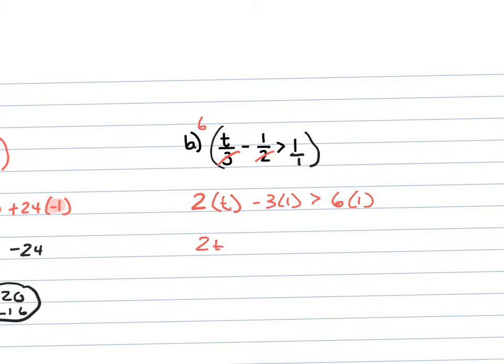So we get 2t minus 3 is greater than 6. I'm going to add 3 to both sides, and I get 2t is greater than 9. Divide by 2, divide by 2, and I get t is greater than 9/2.